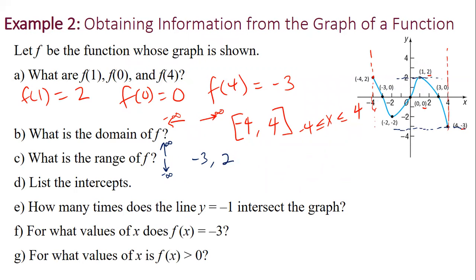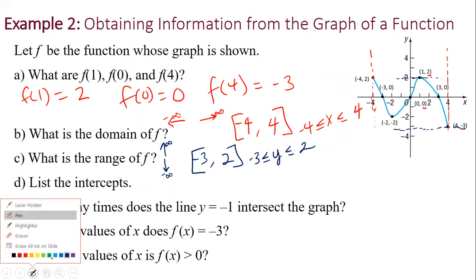Do they both have values? Yes. So we use brackets. So this is telling me that my y exists between negative 3 and positive 2. Questions about domain and range? Okay, we're going to keep it pushing.